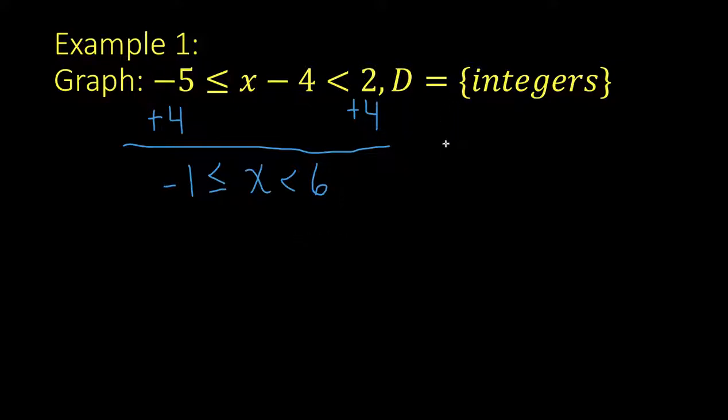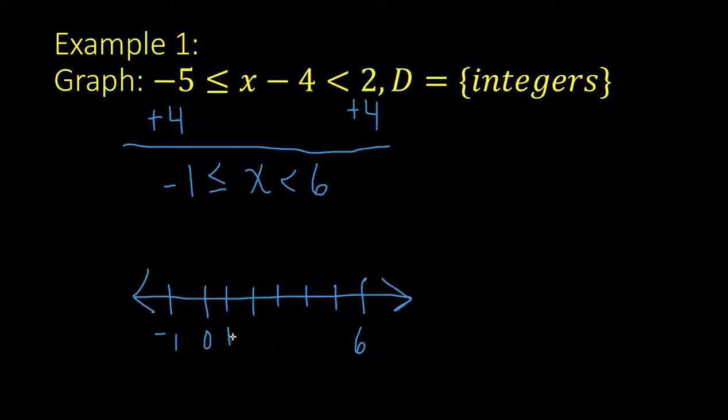The domain is integers, so we would just draw a number line, negative 1 to 6. And this first inequality sign is less than or equal to.